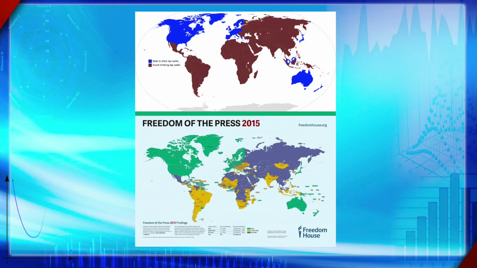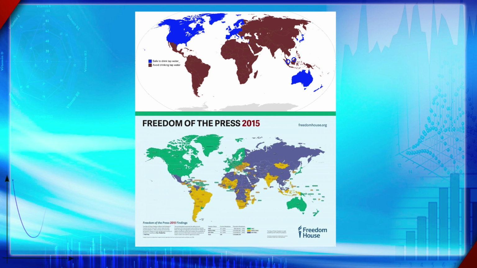For example, have a look at these two graphs. The first graph, the lower panel, shows the countries of the world where the tap water is potable. For example, can you drink the tap water in India? It is not, right? But in many countries the tap water is potable, for example Australia or Japan, most of the countries in Western Europe, Canada or the US.